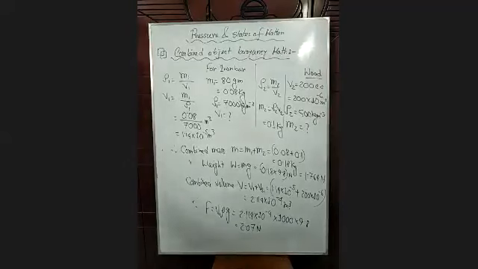Sir, how much did you say? 800 kg per meter cube. It is tied with another object which has a density of 800 kg per meter cube.